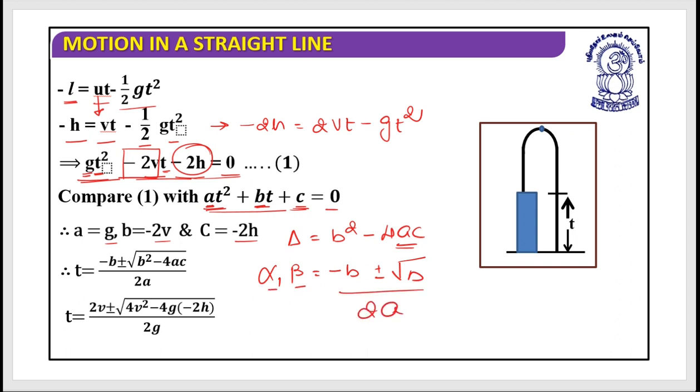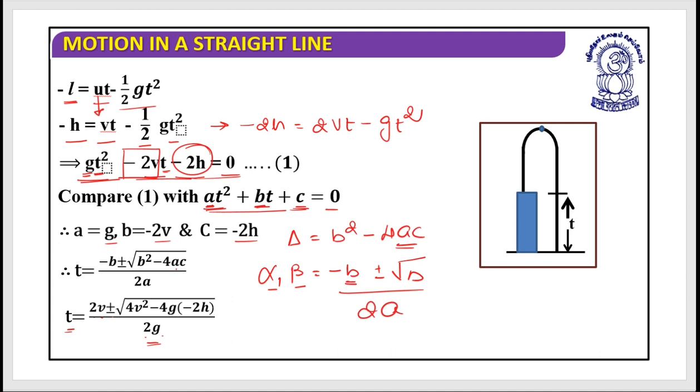So there would be two solutions for the time. So t equals minus b, that is 2v, plus or minus under root of b square minus 4ac, with the values put in, divided by 2 into a, that is 2 into g. I hope these things are clear to you.